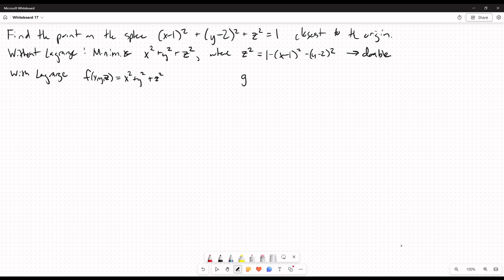And my constraint equation is given by my level set. The function g that I'm using for my level set is going to be (x minus 1) squared plus (y minus 2) squared, not z, plus z squared.